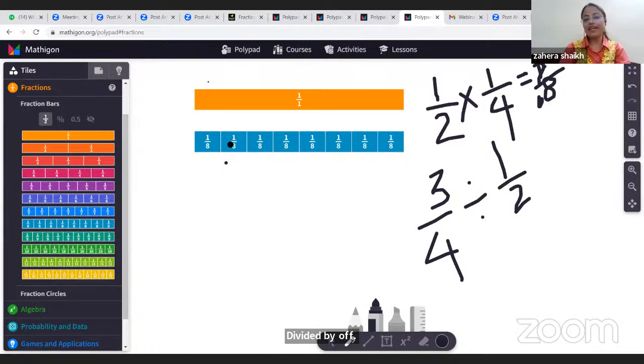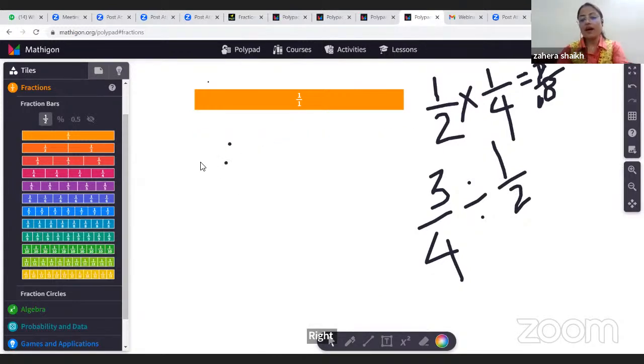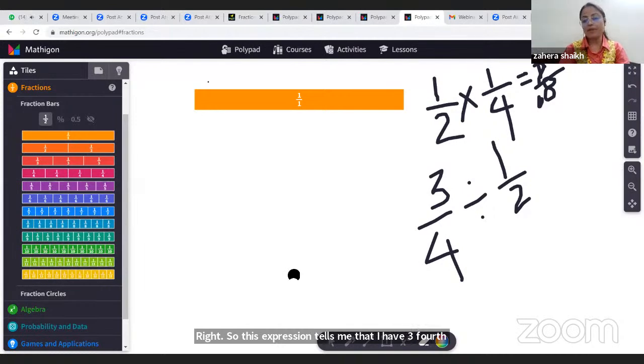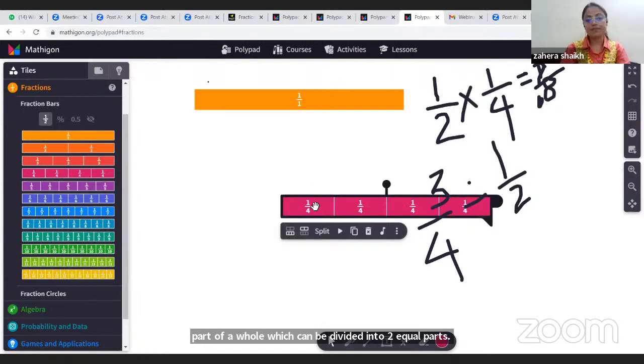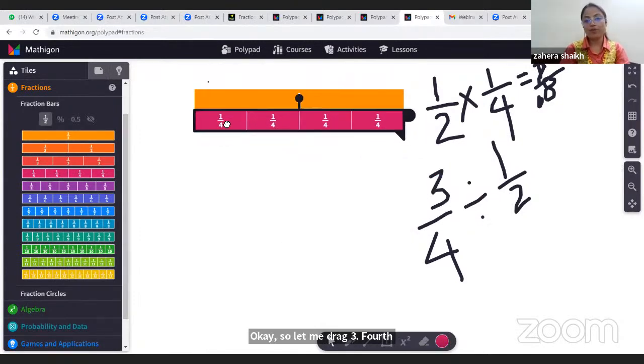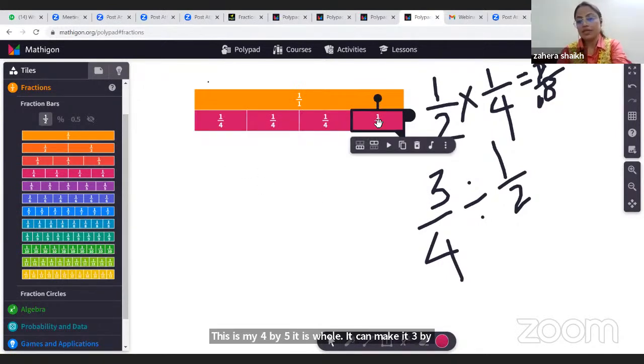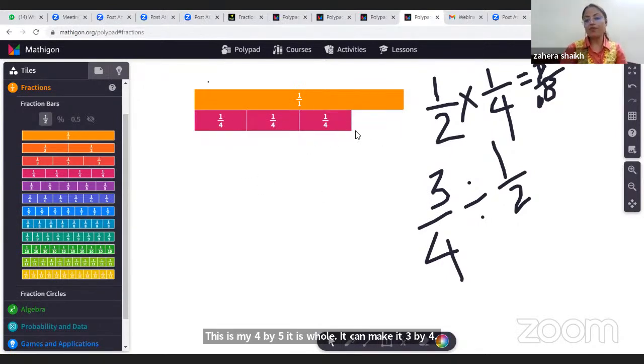So this expression tells me that I have 3/4 part of a whole which can be divided into two equal parts. Okay, so let me drag 3/4. This is my 4 by 4, which is the whole. Let me make it 3 by 4.